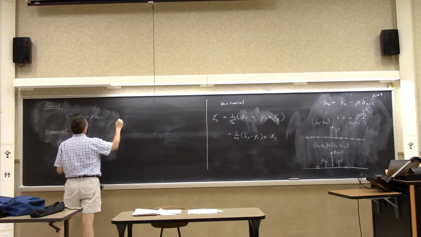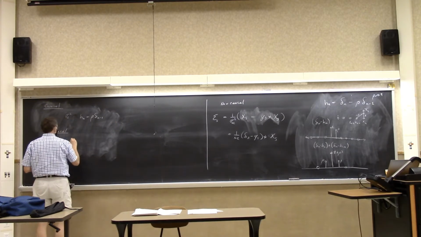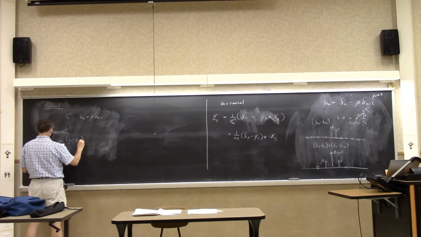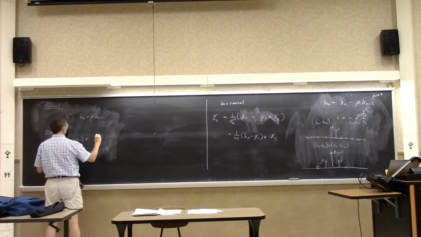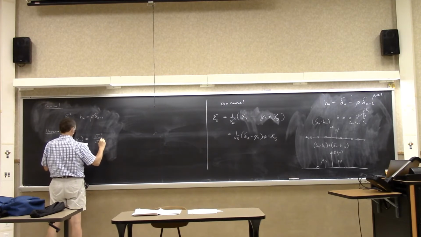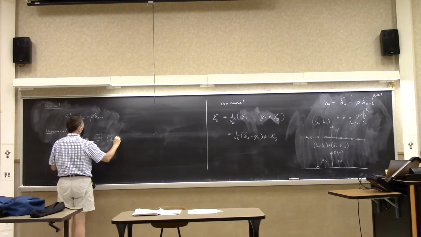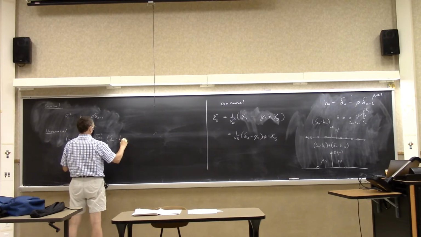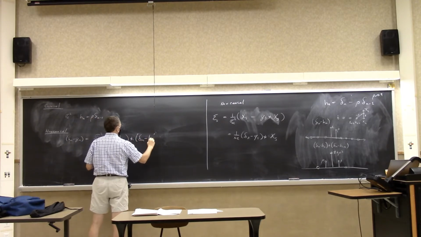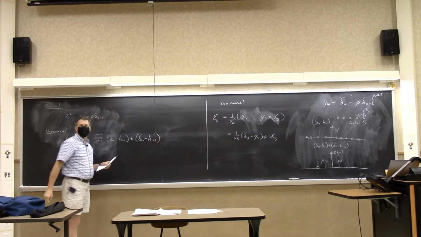If I correlate this thing with itself, we have that delta of n minus g[n] is equal to sigma squared non-causal over sigma causal squared times delta of n minus h[n] convolved with delta of n minus h[-n], okay?